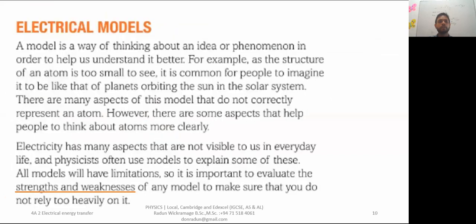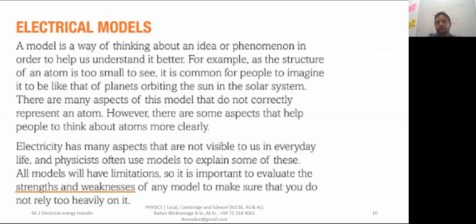Then let's move on to the electrical models. If you want to describe the arrangement of subatomic particles in an atom, definitely you need a model because you can't see them. Still, no one has correctly seen all these subatomic and fundamental particles, right?